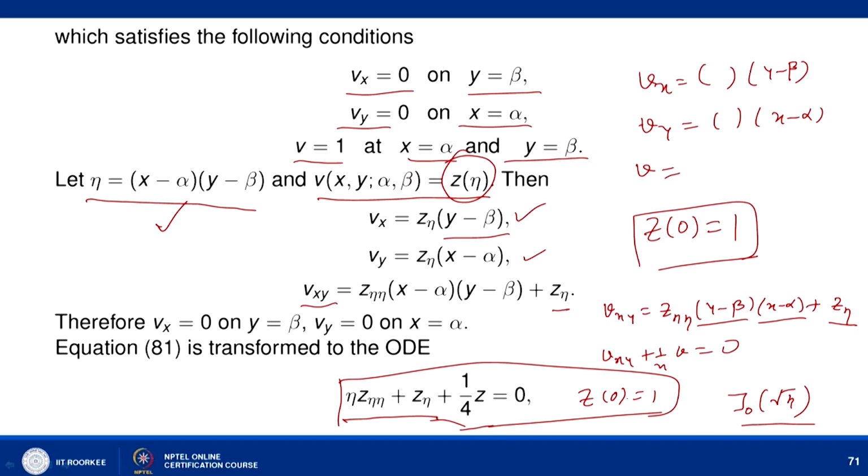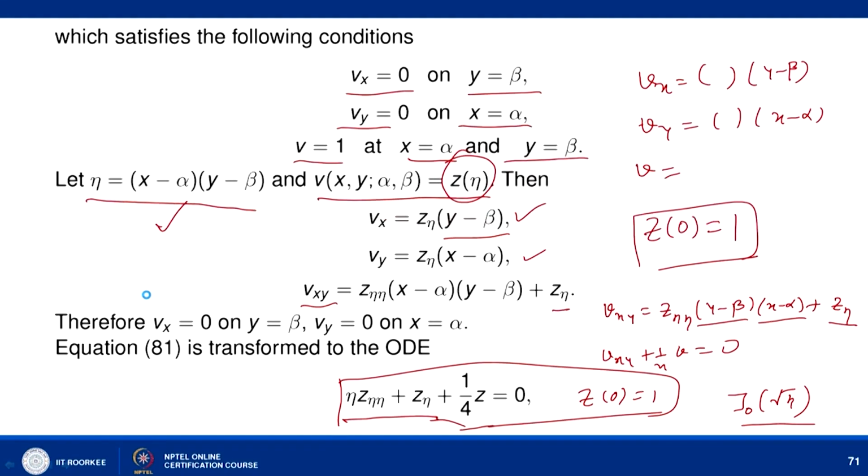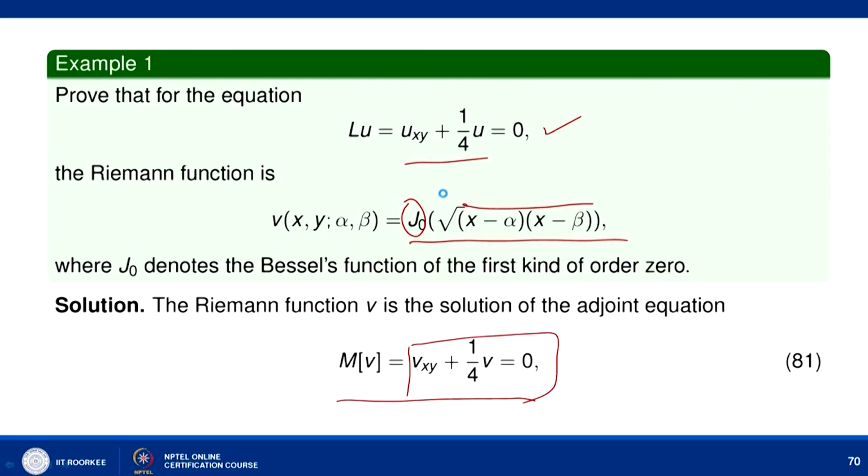So here z of eta is coming out to be J naught of root of eta, and z is the Riemann green function for the problem here. So what we have proved is that for the equation LU equal to 0, where L is defined as u xy plus 1 by 4 u equal to 0, the corresponding Riemann green function is J naught of root of eta.